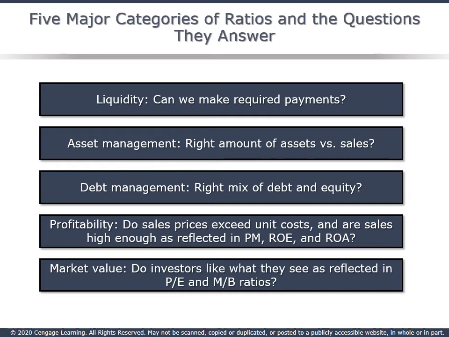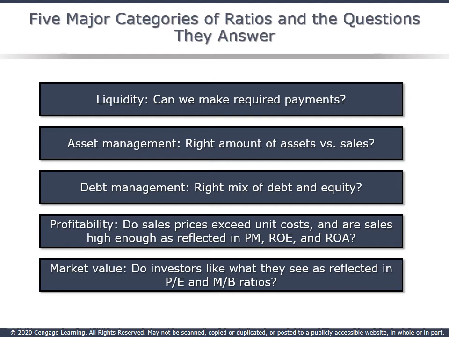Debt management is going to answer the question whether or not the firm has the right mix of debt and equity, and can they honor their debt obligations. Profitability obviously has to do with comparing a firm's revenue versus its expenses.